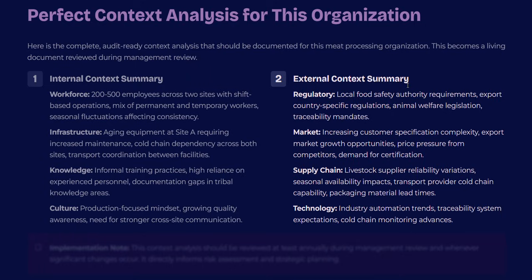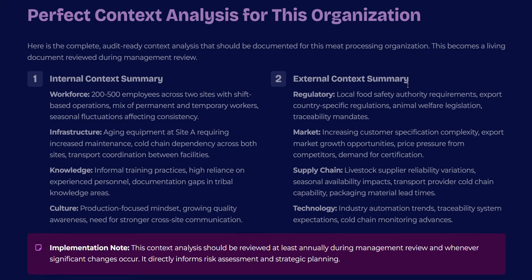Supply chain: livestock reliability variation, seasonal availability impact, transport provider cold chain capability, packing material lead times. Technology: industry automation trends, traceability system expectations, and cold chain monitoring advances.